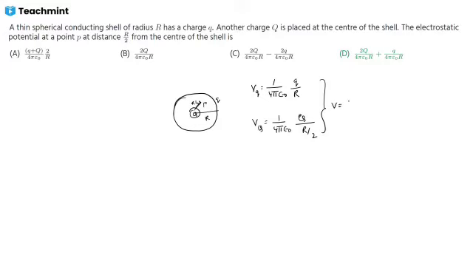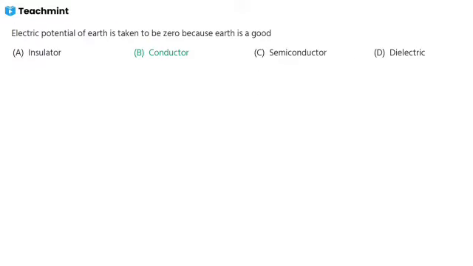So that is small q divided by 4 pi epsilon naught r plus 2 capital Q divided by 4 pi epsilon naught r. Okay, see the options. It is option D. Let us move to the next question.